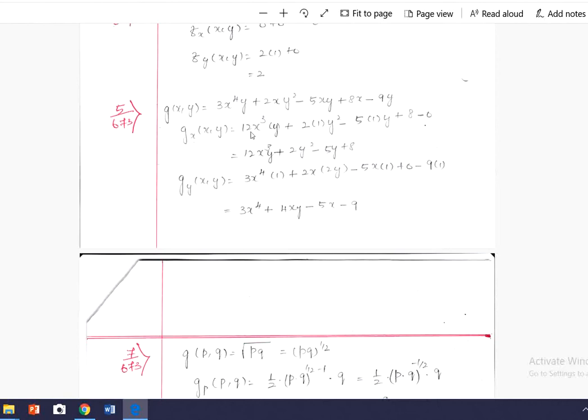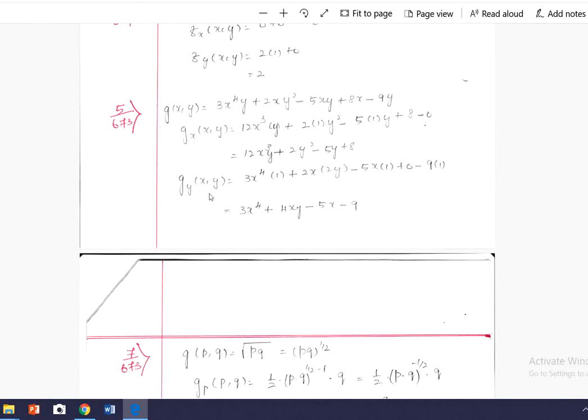Therefore 3 into 4 is 12, so 12x³, and the y remains the same. Then 2xy²: y² remains the same, and when you differentiate x, it will be 1, therefore 2y². Then minus 5xy: y remains the same, so minus 5y. Then plus 8. And minus 9y has no x, so it will be 0. Combining everything: 12x³y + 2y² - 5y + 8.